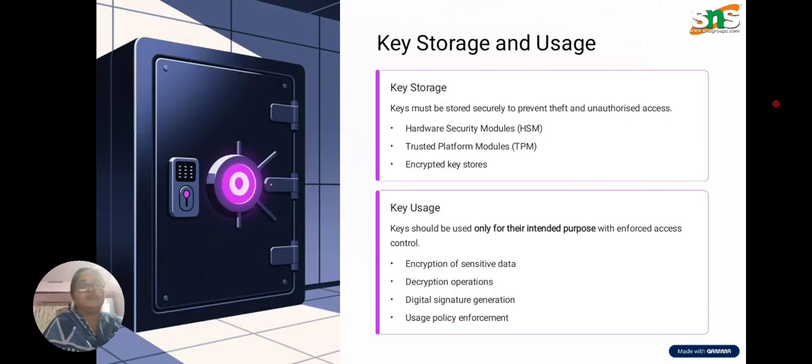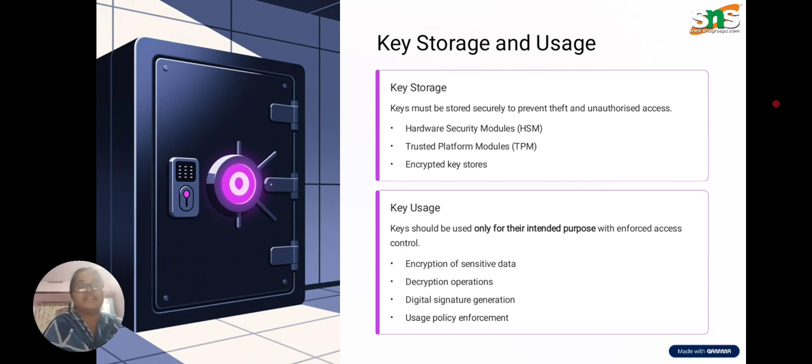The next slide is about key storage and usage. Once the keys are created, they must be stored safely. Key storage means the keys should not be stored in plain text. They should be stored in encrypted form only, using an HSM, that is a hardware security module, a TPM, that is a trusted platform module, and encrypted storage.